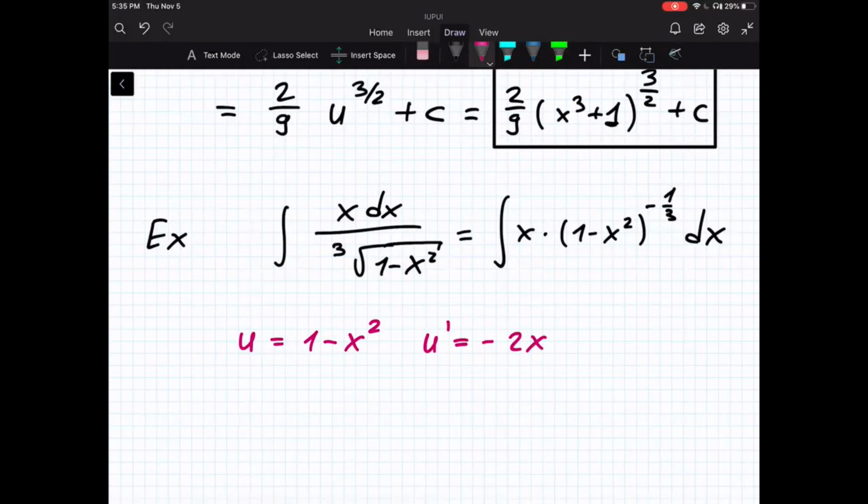But when we calculate the derivative of u, it will be minus 2x. But there is no minus 2x inside our integral, or even just x, compared to the previous example. So in this case, I cannot use my general power formula because it doesn't work here.